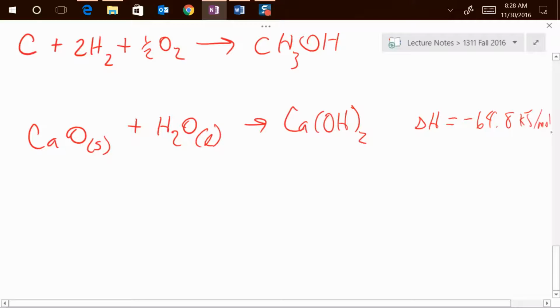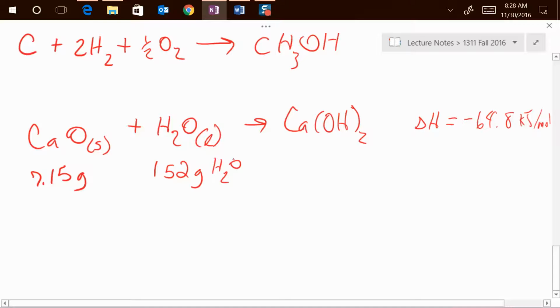Okay, and the question is, how much heat would be liberated when 7.15 grams of calcium oxide is dropped into a beaker containing 152 grams of H2O. Okay.